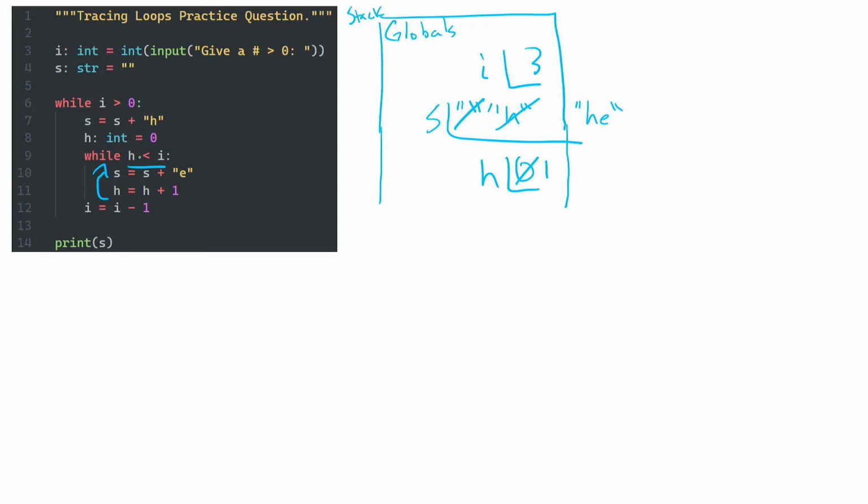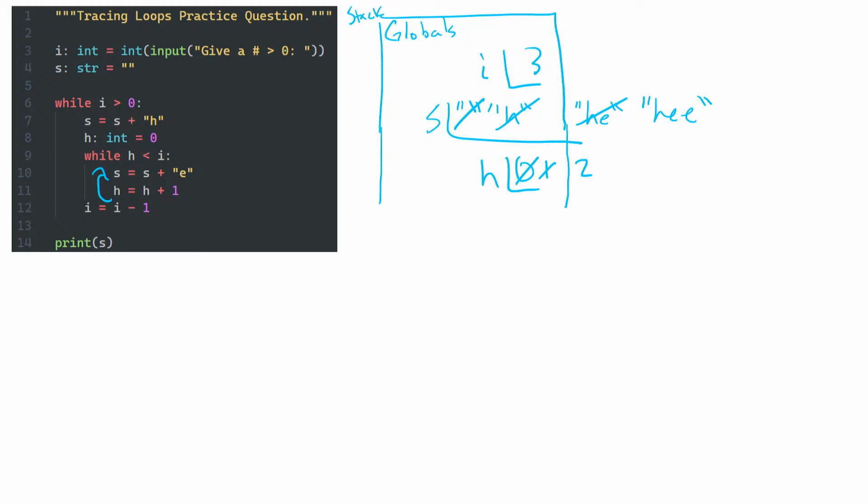But for now, we have h, that value is 1 now, less than 3. That's true, so we go into this loop. And we once again concatenate an e, so now our string is HEE, and then we increment h by 1, right? So h is now 2. All right, I'm gonna do this one more time. We go back up, we test again, is h less than i? h's value is 2.